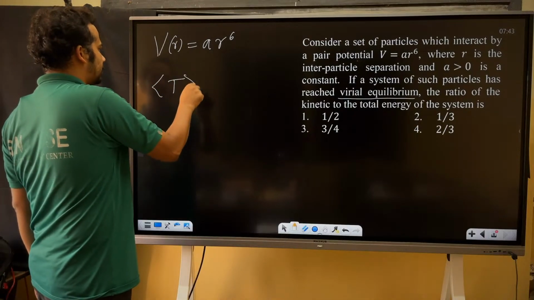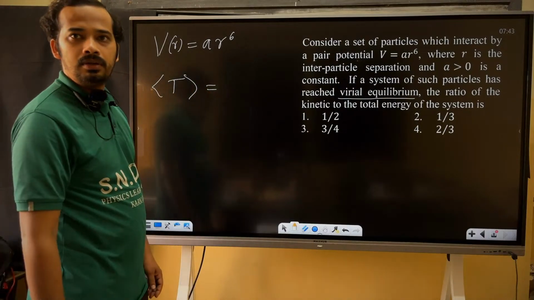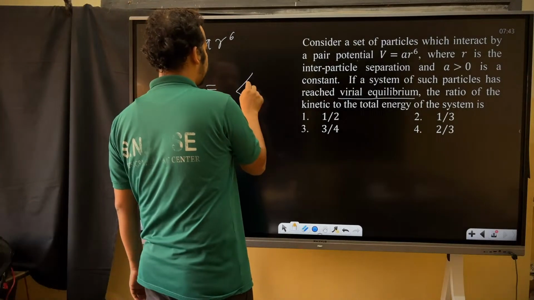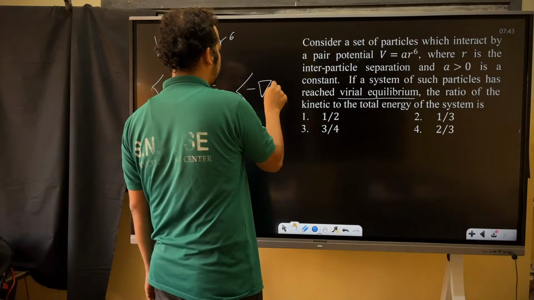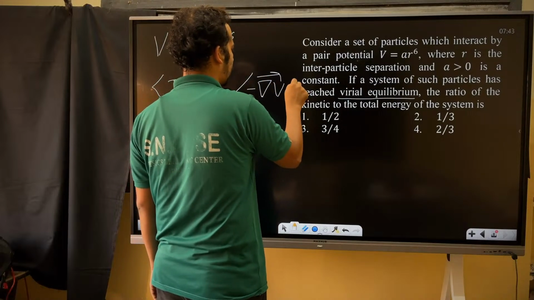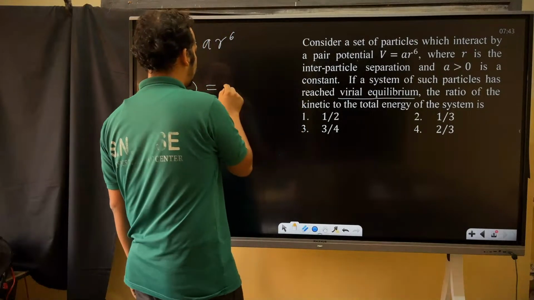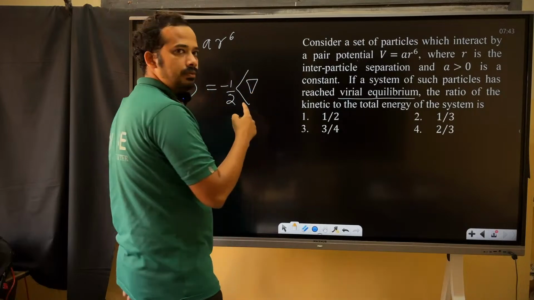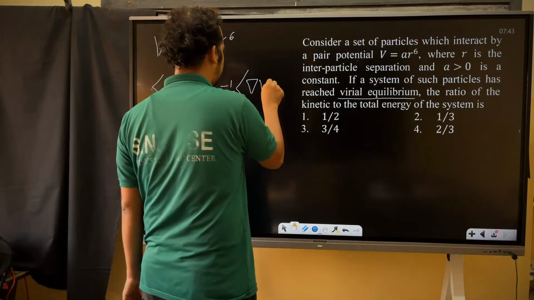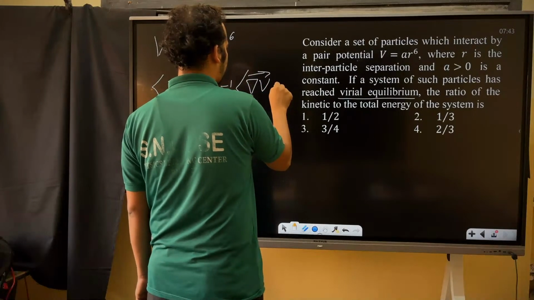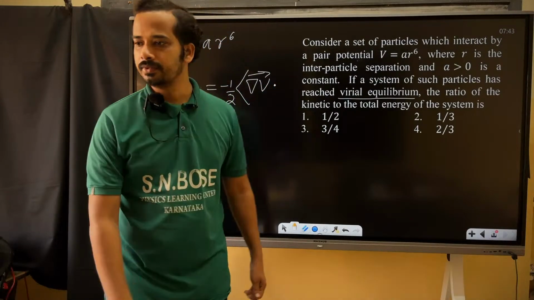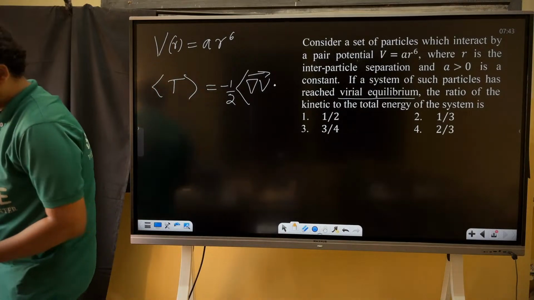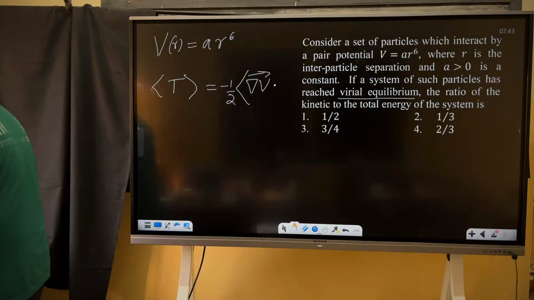Average kinetic energy is equal to, no, some negative sign won't come. Minus 1 by 2 gradient of V dot product with r. You should remember that one. I'm expecting you to remember very few expressions.